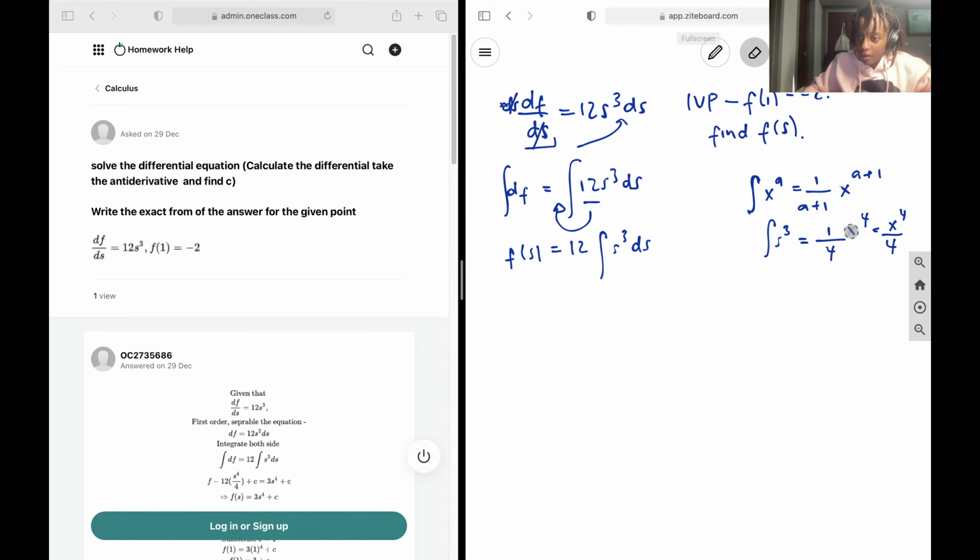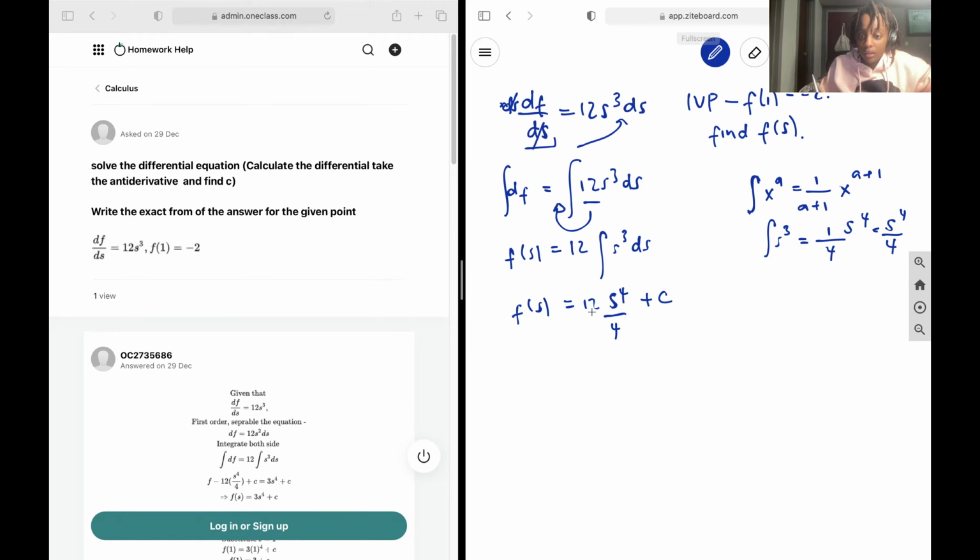Sorry, our variable is s here, not x. Okay, so let's just rewrite that. And remember, since there are no bounds, it's going to leave a plus c.